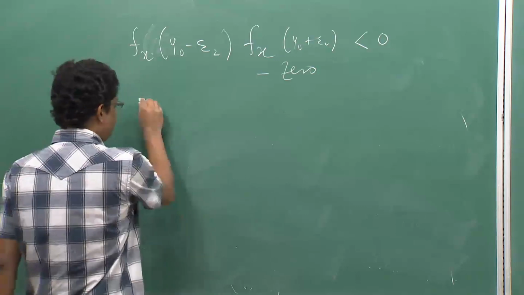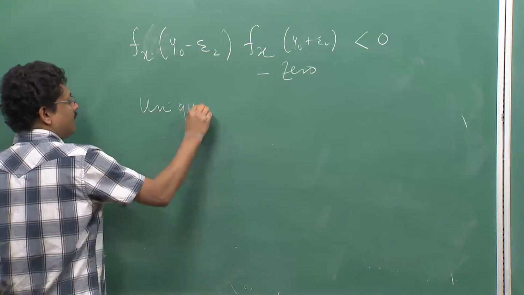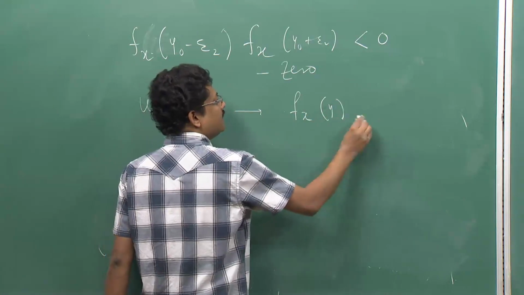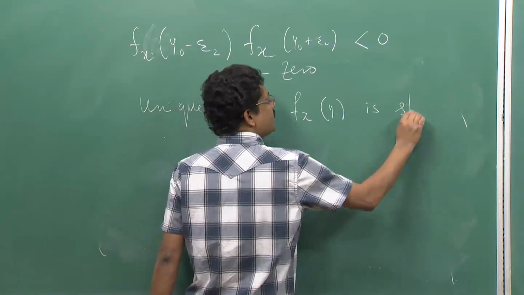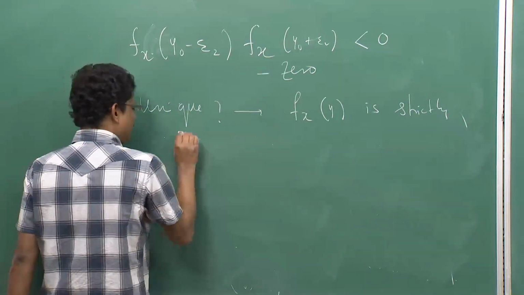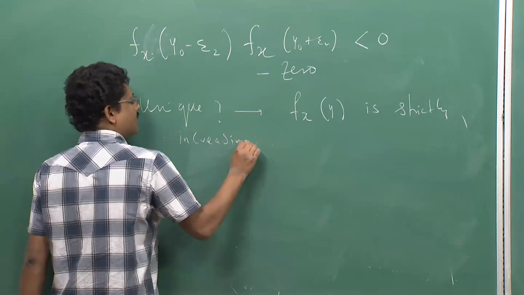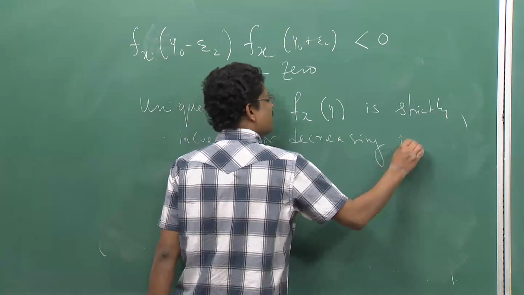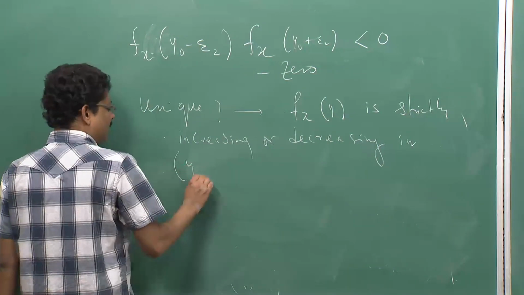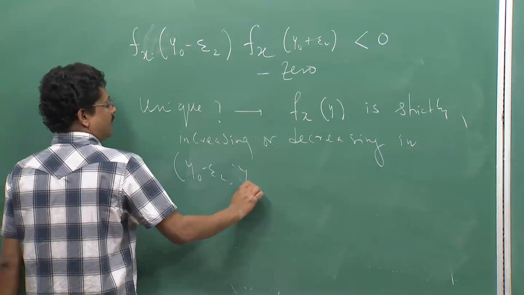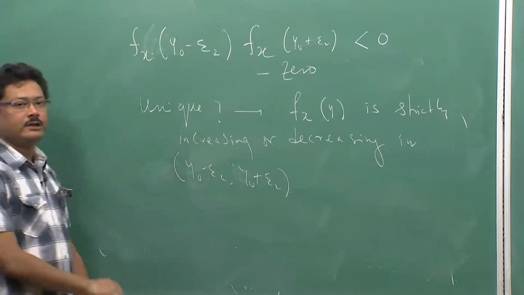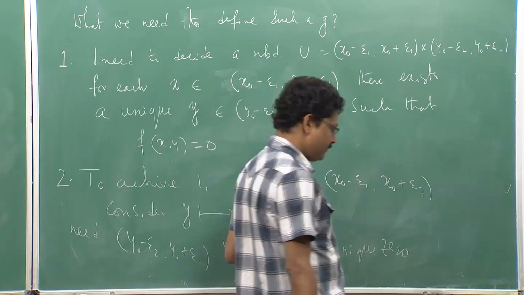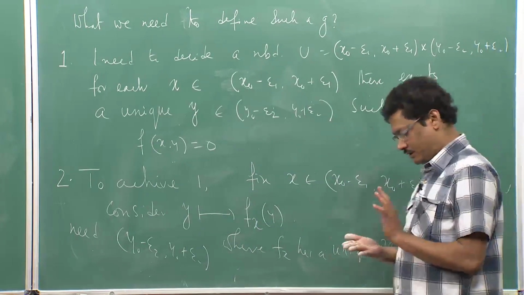How do I get that? Well, if I ensure that f of x y is strictly increasing or decreasing in y, then the 0 will be unique, there cannot be more than 1. So, this is the second reduction we will need. We will continue from here in the next lecture.